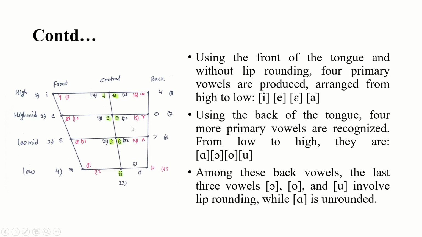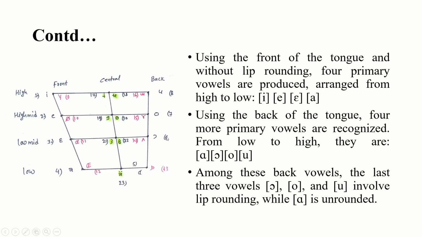So 1, 2, 4 are the front primary cardinal vowels, and these are all unrounded. And using the back of the tongue, the other four primary cardinal vowels are recognized. This is number 5, you can see here, and this vowel.